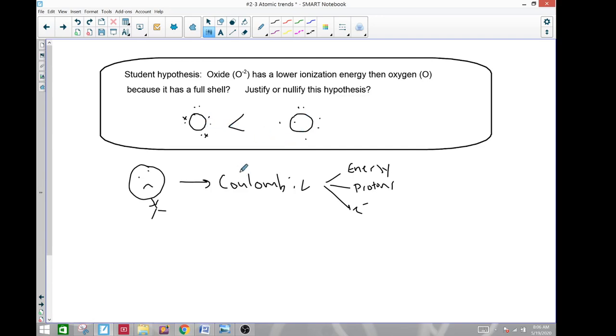You should note that removing successive electrons always gets more difficult. Successive electrons gets harder, takes more energy.